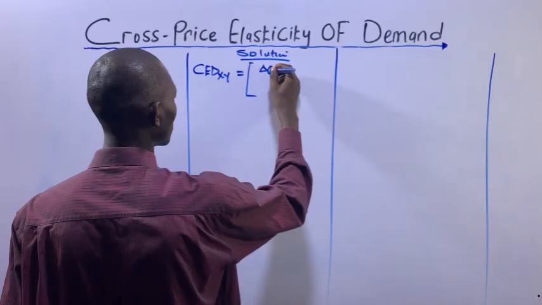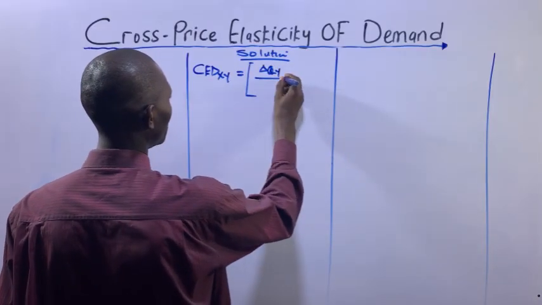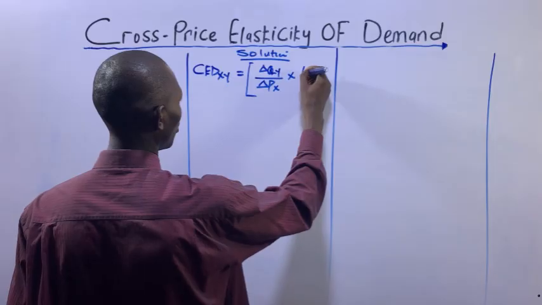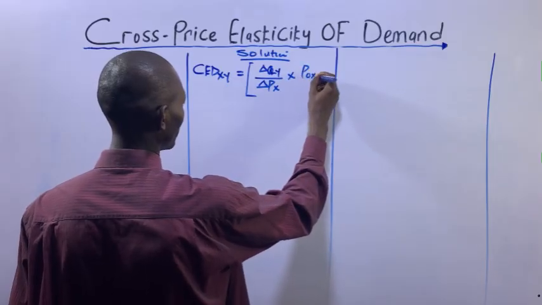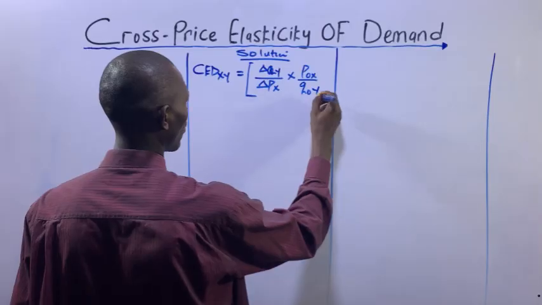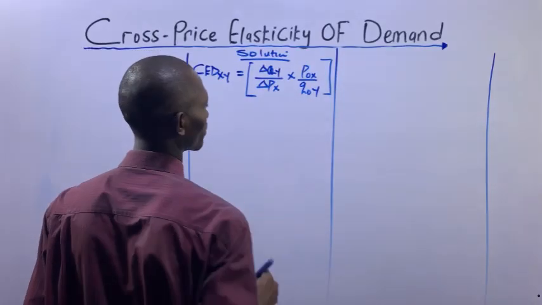So change in the quantity of Y divided by change in the price of X, times old price of X divided by old quantity of Y. So this is what we have.